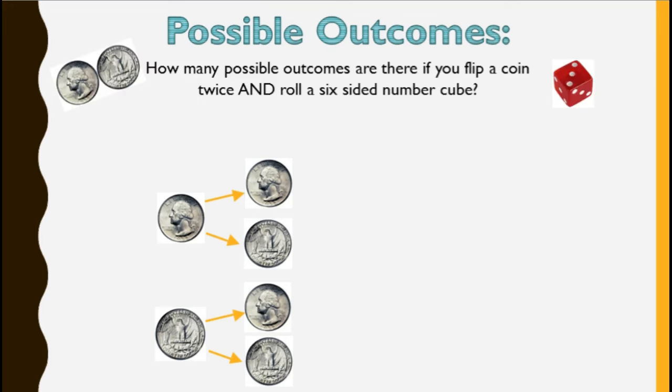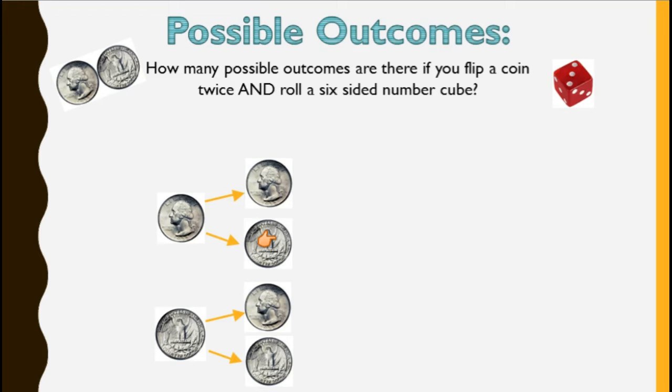Now, what if we added an extra event? So the first event is to flip a coin, and then you flip it twice, because it says how many possible outcomes are there if you flip a coin twice, and roll a 6-sided number cube. Okay, so we flipped our coin, it's either heads or tails. Then we flip it again, and it's either going to be heads or tails.